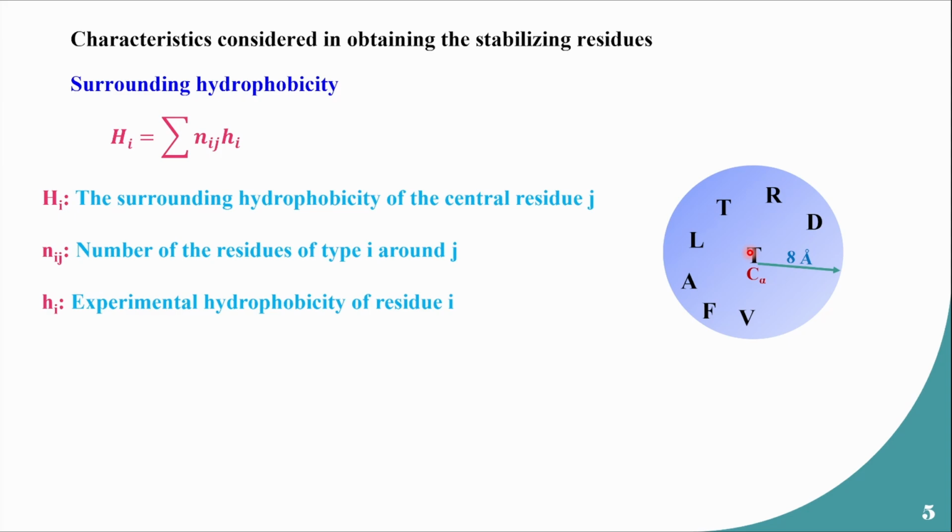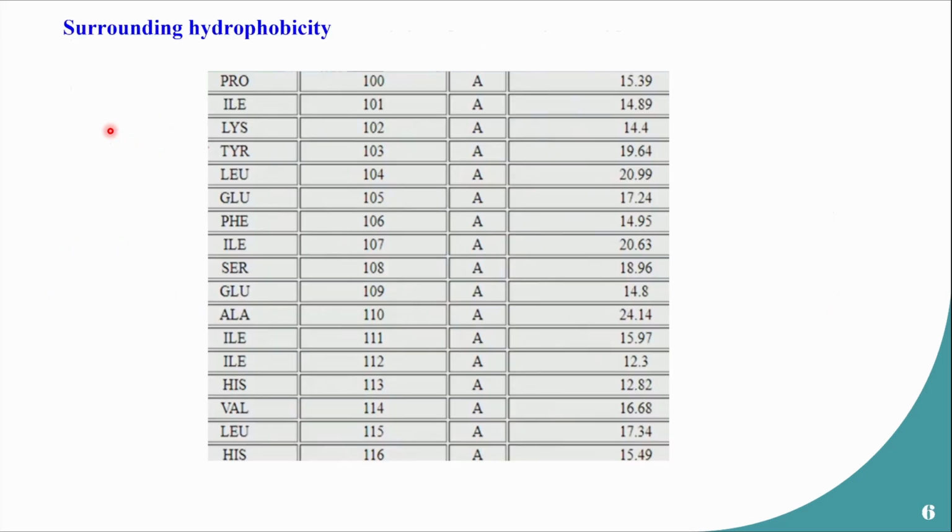Then in this case, type I could be leucine, and you have to consider the number of residues of type I around this threonine, the residue J, and include the experimental hydrophobicity of the residue I. If 4 leucines are present within that radius of 8 angstrom around threonine, then we have to include the experimental hydrophobicity of this leucine as well in this calculation. And ultimately, you do a summation of all of that, and in total, you get the surrounding hydrophobicity value, the H value for the particular residue that you're trying to calculate.